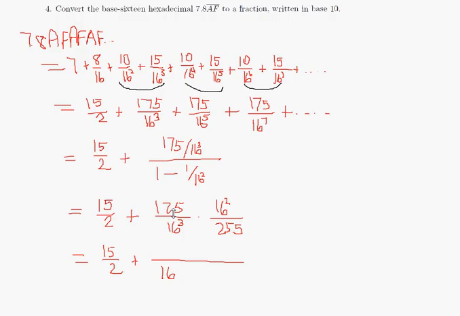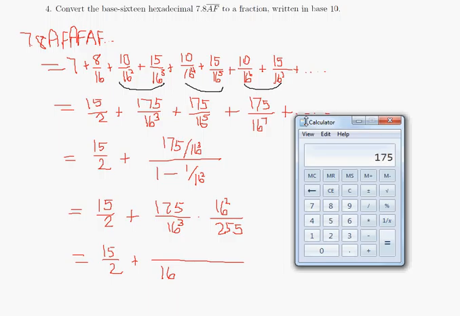175 over 255. Let's see if we can simplify that. So 175 divided by 5 is 35. And I can certainly do that same thing with 255. 255 divided by 5 is 51. Also, it looks like I can cancel out 7.